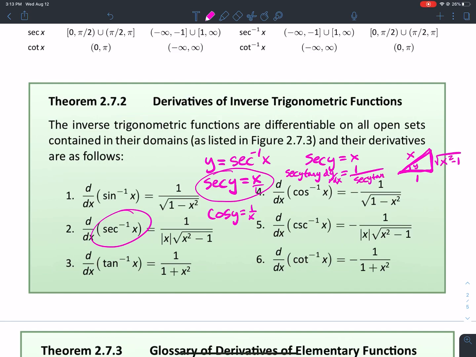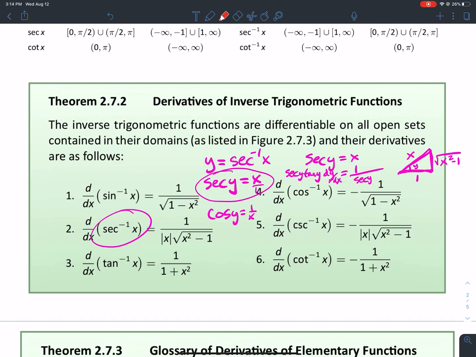Well, I know secant y is x, so that gives me x for secant y, but the tangent of y is opposite over adjacent, so that's where that square root of x squared minus 1 comes into play. And so that absolute value, we're talking about this distance here, needs to be positive. Okay? All right, so that's kind of how you would derive those if you were interested in deriving them.